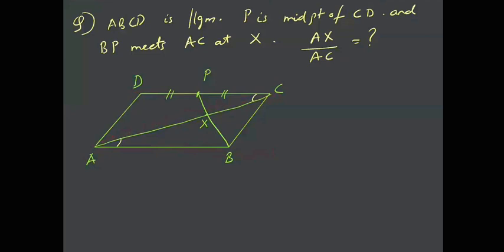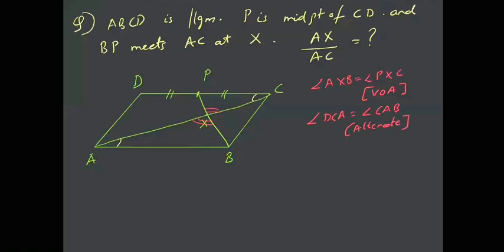And since PB and AC are straight lines, angle AXB is equal to angle PXC, because these are vertically opposite angles.